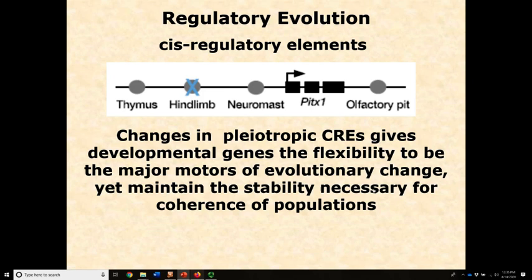And this still maintains stability necessary for the coherence of populations, so the integrity of populations, so they don't have so many changes and so many variabilities within that population that it becomes detrimental. And so it's really a great system for the ability to change and evolve, but yet still maintain integrity of the genetics underlying that population.